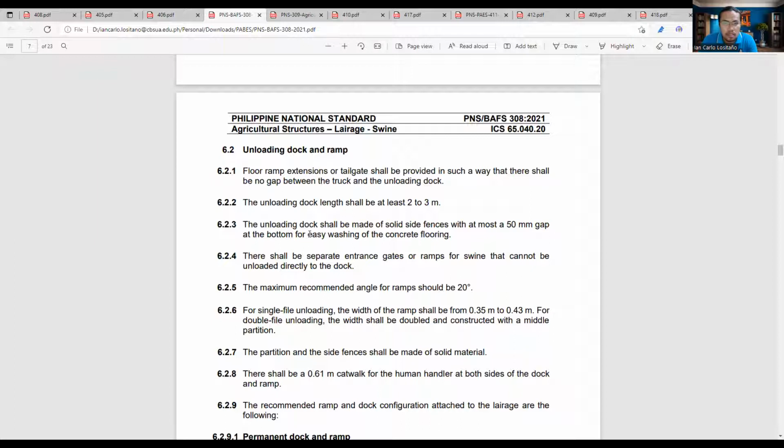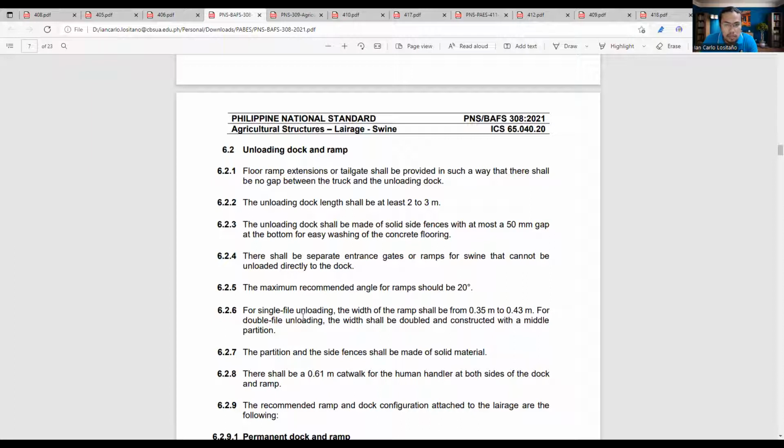Thus the specifications are mostly in the mandatory degree. For example, the maximum recommended angle for the ramp should be 20 degrees. This is recommendatory, but for the others, there shall be separate entrance gates or ramps for swine that cannot be unloaded directly to the dock.